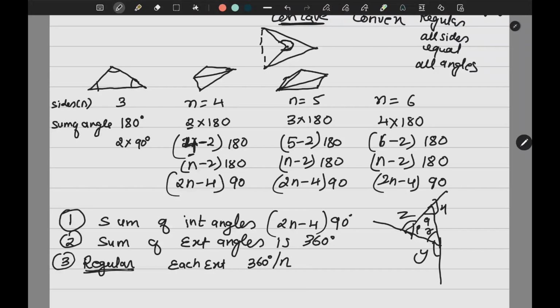And if you look at this, the interior angle and exterior angle form a linear pair. So in case of any polygon, interior angle is equal to 180 minus exterior angle, or vice versa. Exterior is also 180 minus interior, same thing. Right? Here also, see, the sum of exterior angles is 360, or 4 right angles.